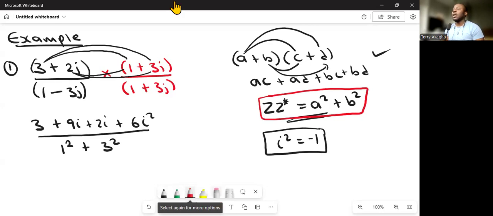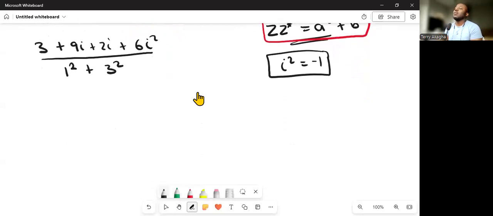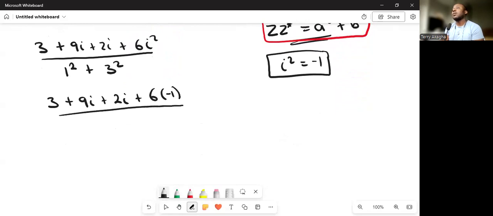So we can now solve this a little bit further. So we can now break this down. So it's going to become 3 plus 9j plus 2j plus 6j squared, which is -1, divided by 1 squared is 1 plus 9. Are you seeing it?